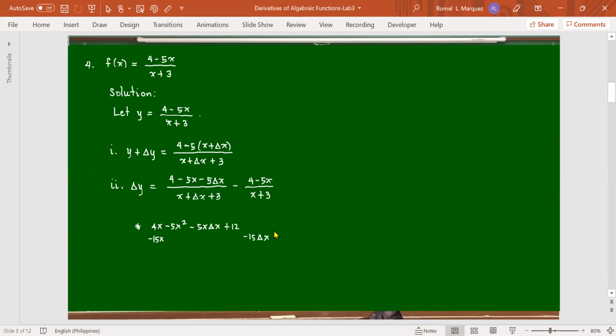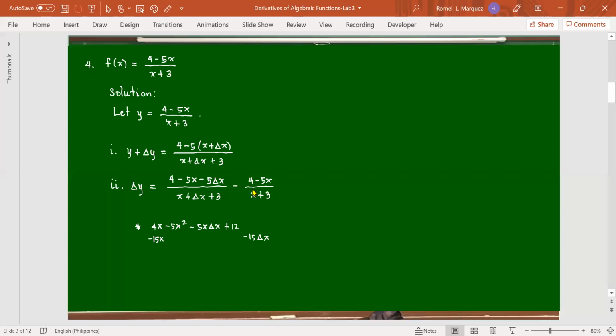Okay? And then what about this one? 4 minus 5x is multiplied by x plus delta x plus 3. But take note, it is preceded by a negative. So whatever the product, you're going to change the sign of its terms.